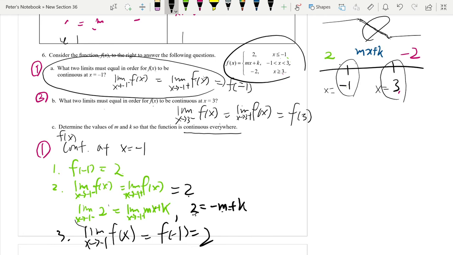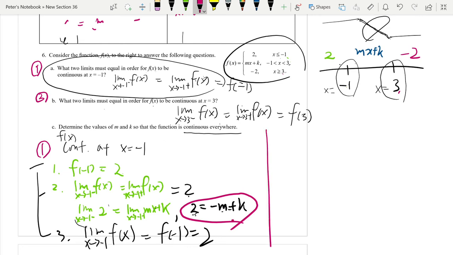Then we can say that we satisfy all these three conditions, right? So I already told you we might have to use a system of equations. We have one equation here, but that's not the end of it. The second equation that will help us figure out m and k will be this one.